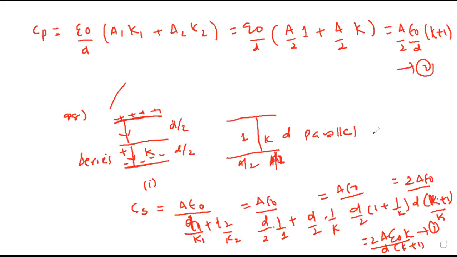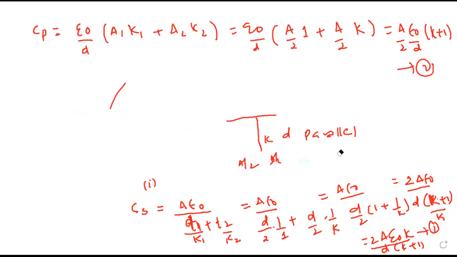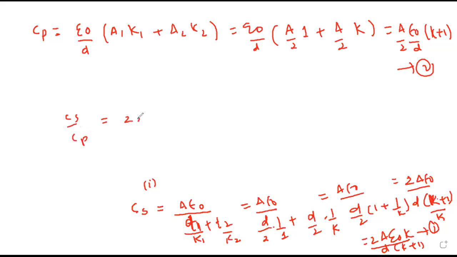So the ratio of the first combination to the second combination will become C series upon C parallel, which is 2A epsilon naught K upon D into K plus 1, divided by A epsilon naught upon 2D into K plus 1.